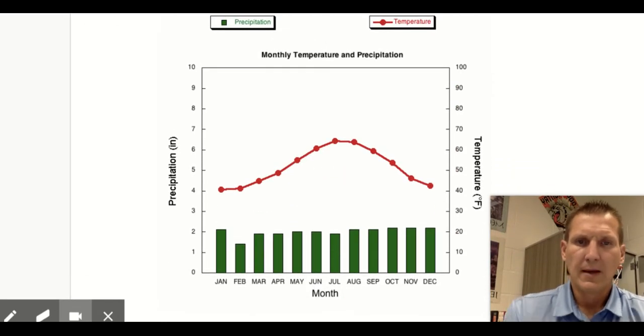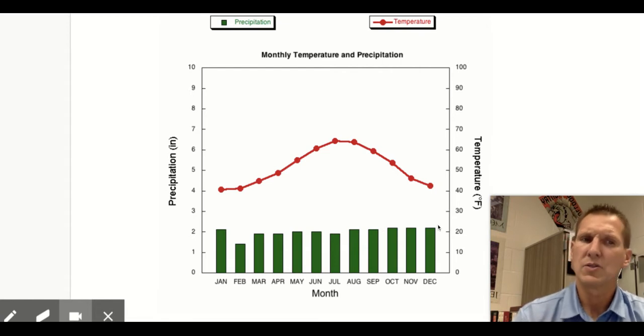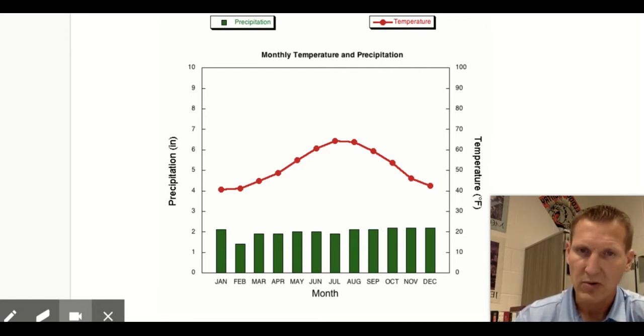All right, the next one you'll notice right away is very consistent precipitation, like incredibly consistent precipitation, like 2 inches in every month. Again, 2 inches is enough for trees. That's adequate rainfall for trees. And so we're probably looking at some sort of temperate deciduous forest.